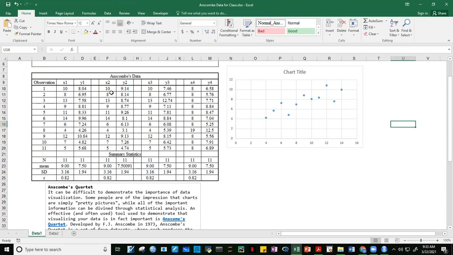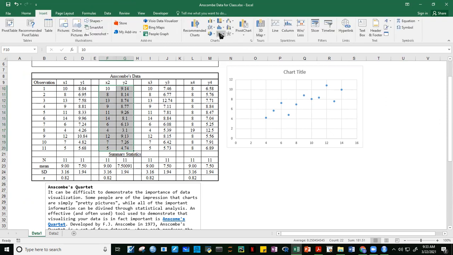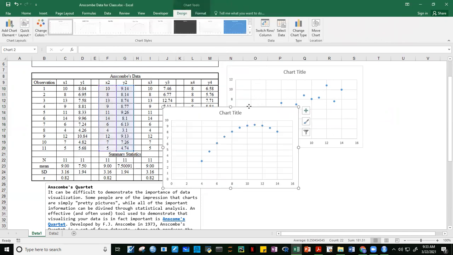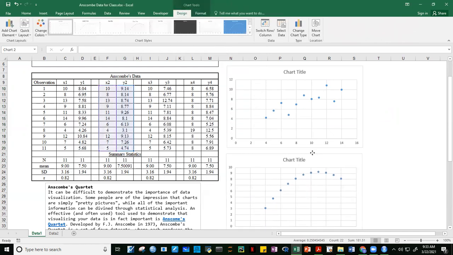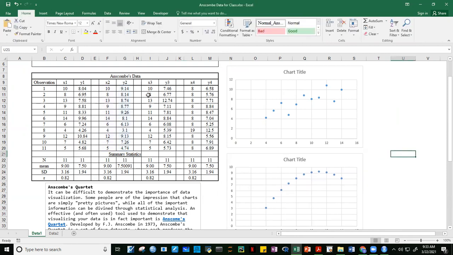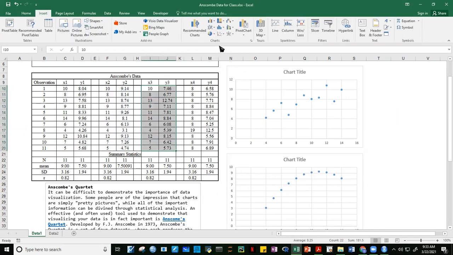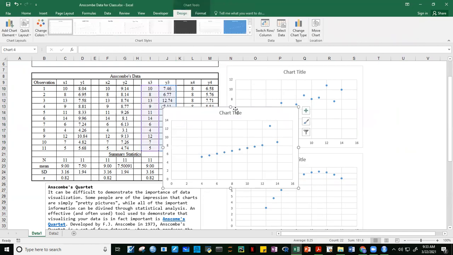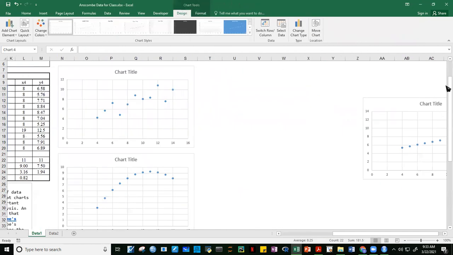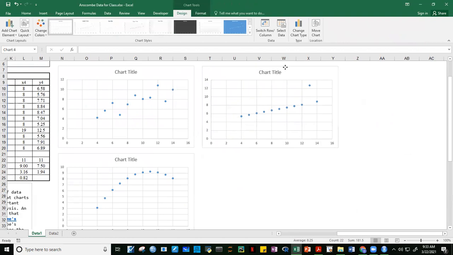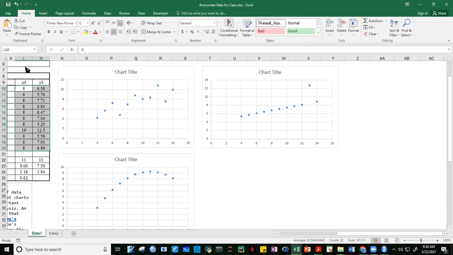Now let's plot the second pair. Highlight this and then insert. Let's use a scatter plot. Okay. And then let's plot the third pair. Insert once again, scatter plot. And then finally the fourth pair.